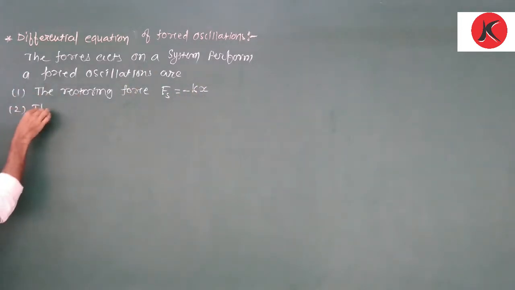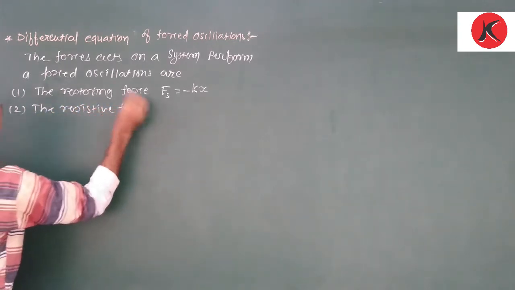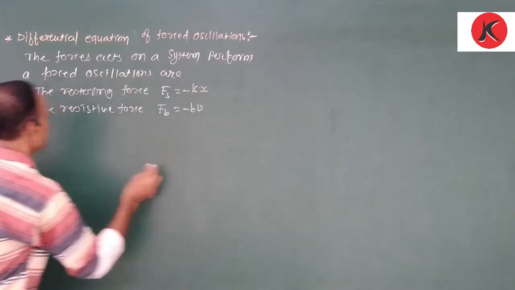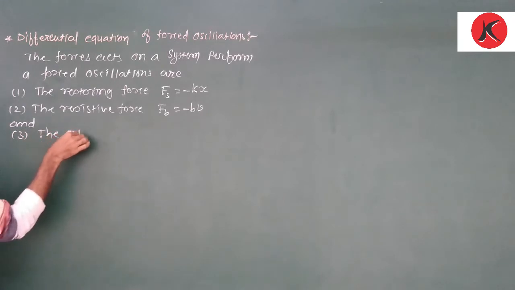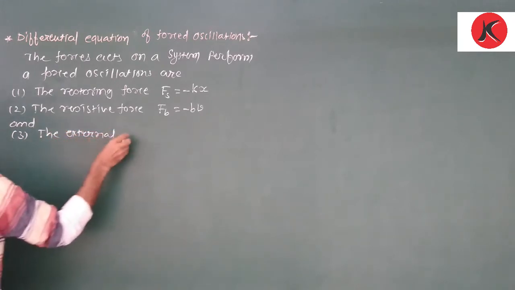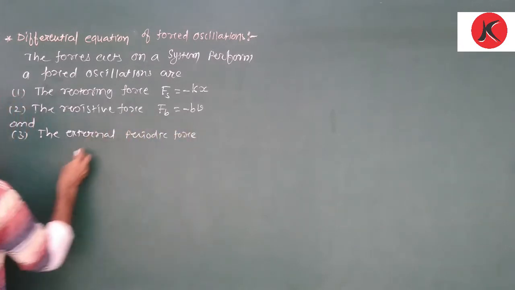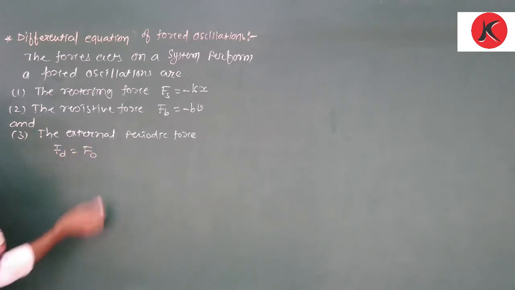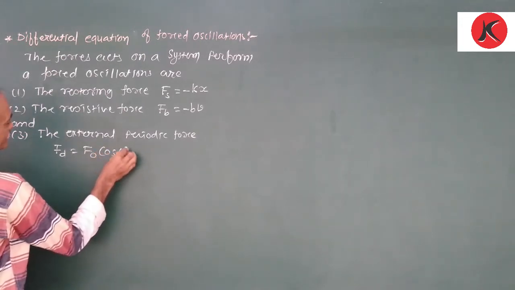Second, the resistive force Fb is equal to minus b v. And third, the external periodic force Fd is equal to F0 cos omega d into t.